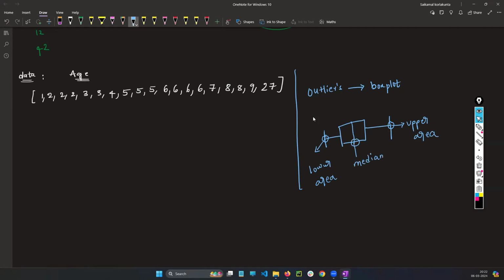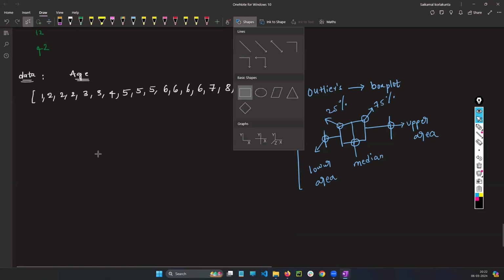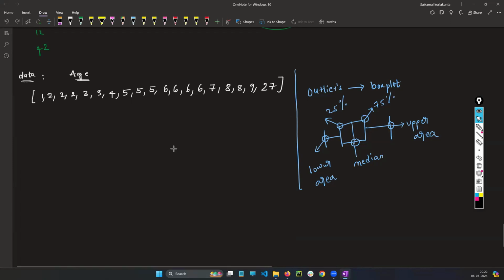This is the 75 percentage of the data, and this is the 25 percentage of the data. So the meaning of this visualization is lower area, upper area, median, 25 percentage and 75 percentage of the data.